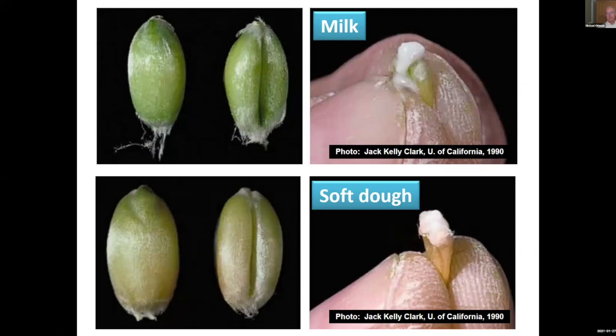The other thing is when you're growing small grains, say wheat, for grain, it requires about 3.5 inches of water to go from soft dough to a stage we call physiological maturity. So 3.5 inches of water is about one irrigation.